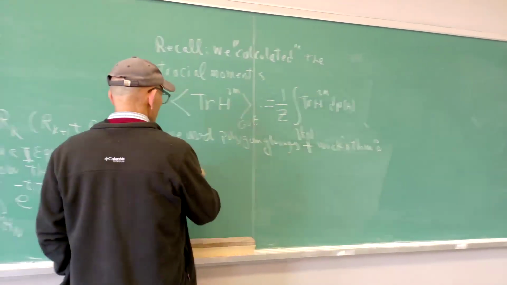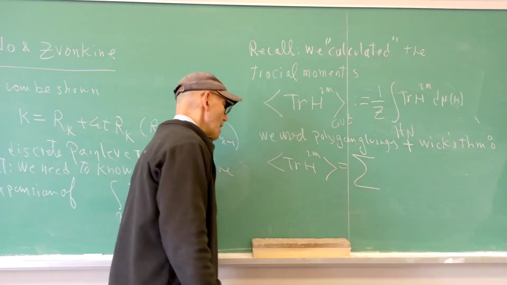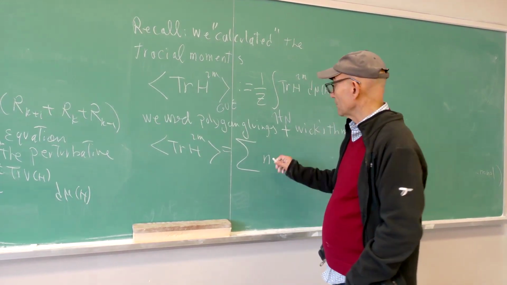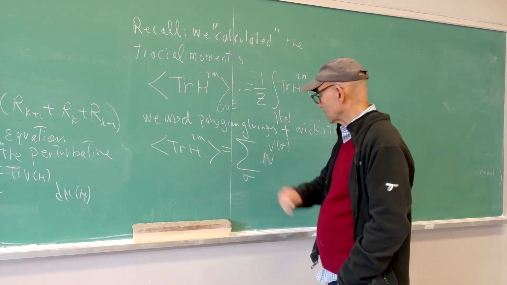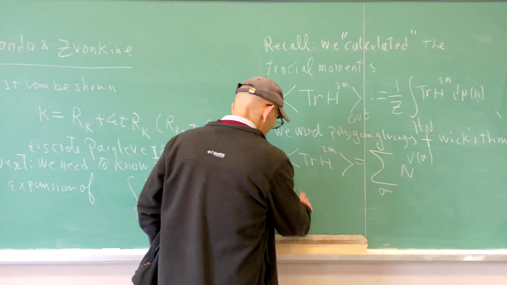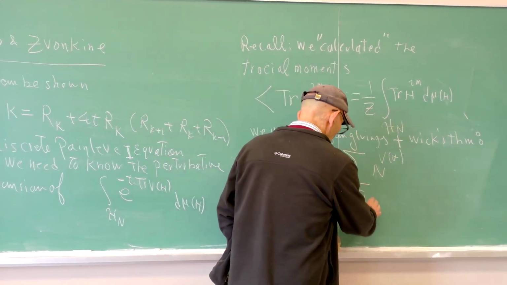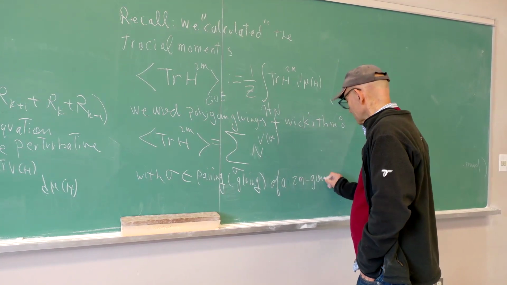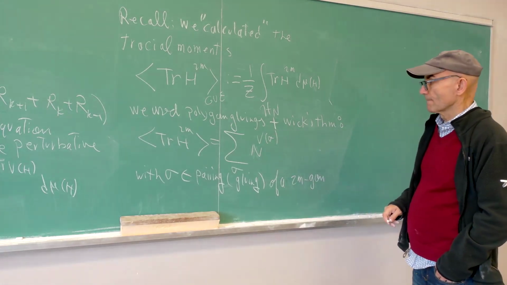So what we did, we proved that this trace of H to the M is equal to some n to the power V of sigma, summed over sigma, where sigma is a pairing or gluing of a 2M-gon, with sigma belonging to pairings or gluings of a 2M-gon, right? This is what we observed using Wick's theorem.